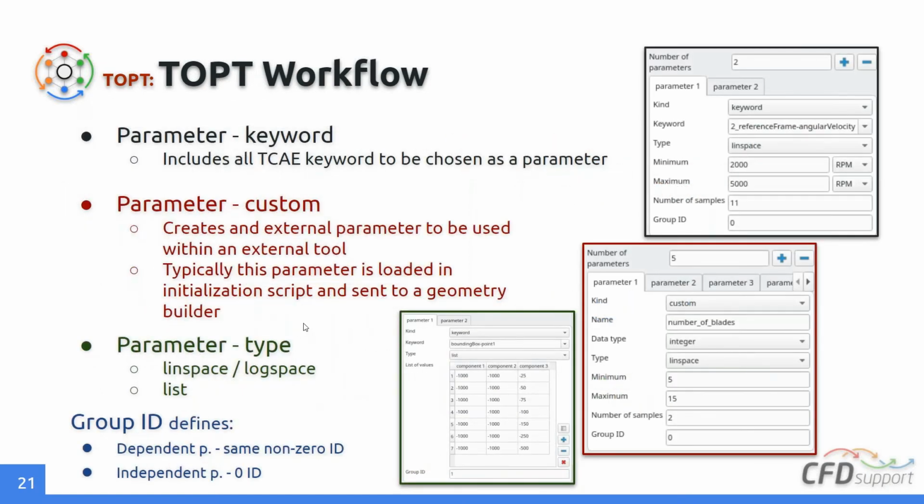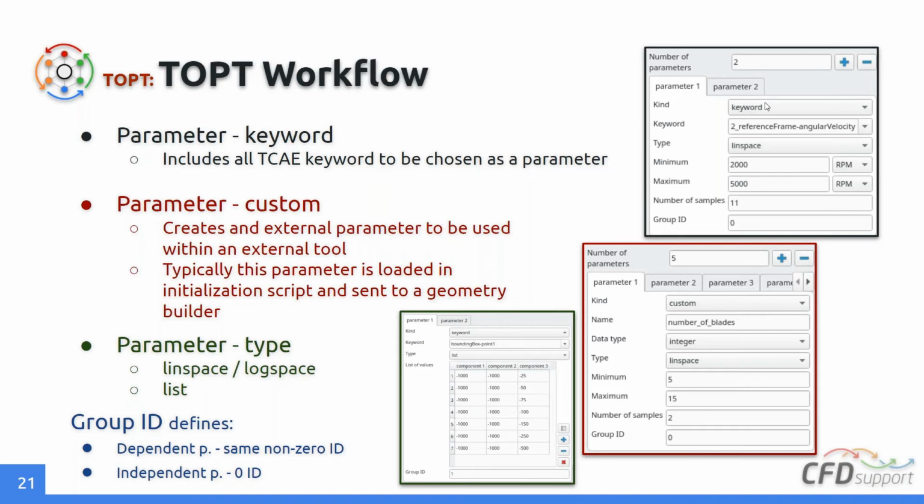Now about the parameters. A parameter set is a combination of values for given parameters. There could be a large number of parameters, but then the complexity of the optimization is huge, and the parametric space is huge. But in general, you can add any number of parameters.